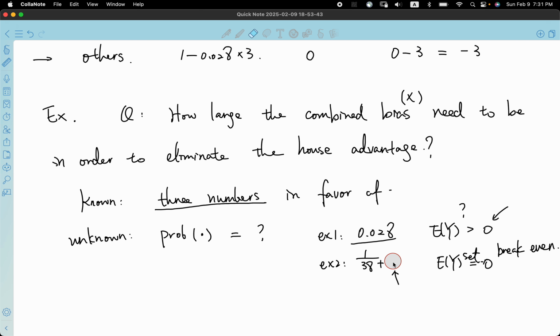So first of all, let's start from the equally probable space, where each number has a probability of 1 over 38, but with some additional bias, and we set the combined bias of the three pockets equal to x.